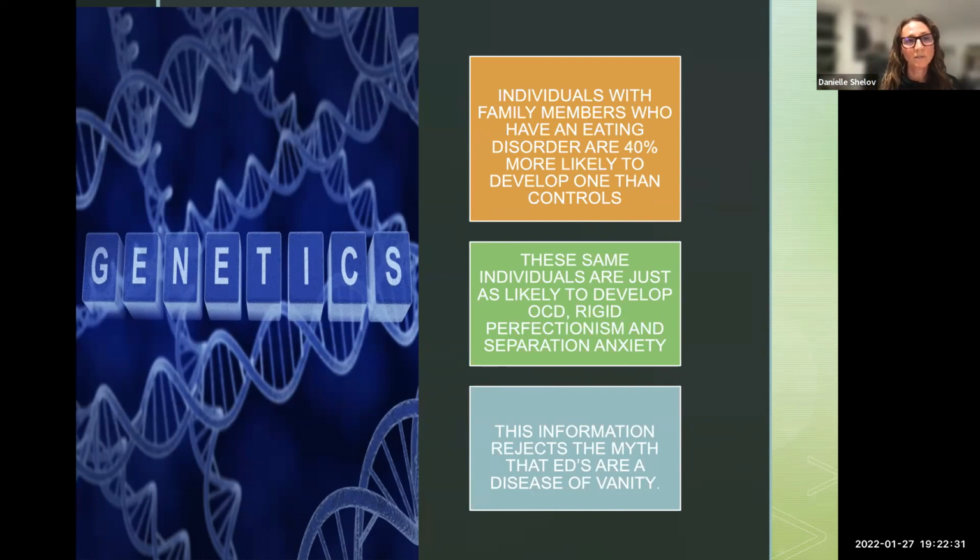So that's a really important detail to remember, because usually people that have eating disorders are quite rigid, have instincts towards perfectionism, and are OCD. Now, why genetics is so important in all of this is that it rejects the myth that eating disorders are simply about vanity, right? Because if it's in our biology, then it's much harder, right? Then it's something that we cannot control.